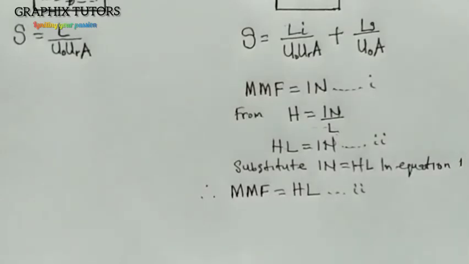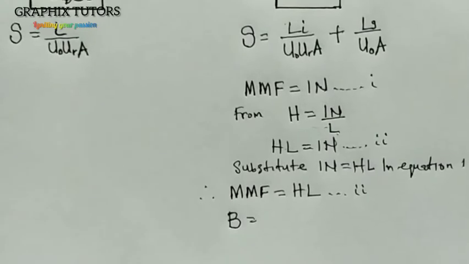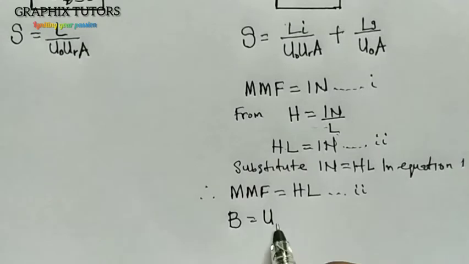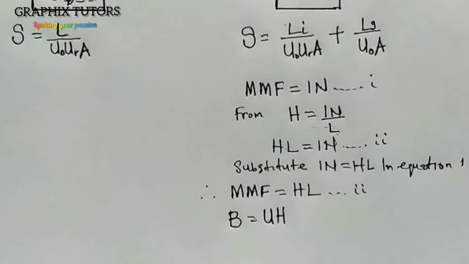We know very well that my magnetic flux density B is equal to my permeability multiplied by my magnetic field strength. If I make H the subject of the formula, I'm going to have H equals B over mu.